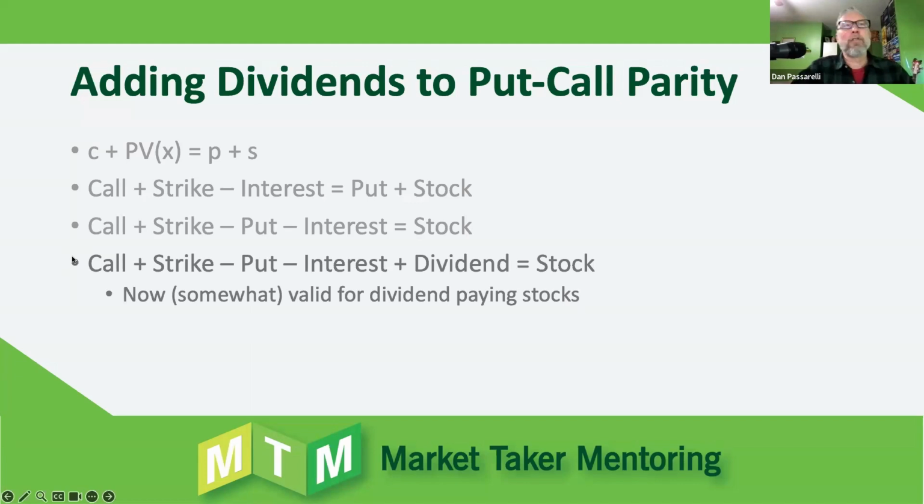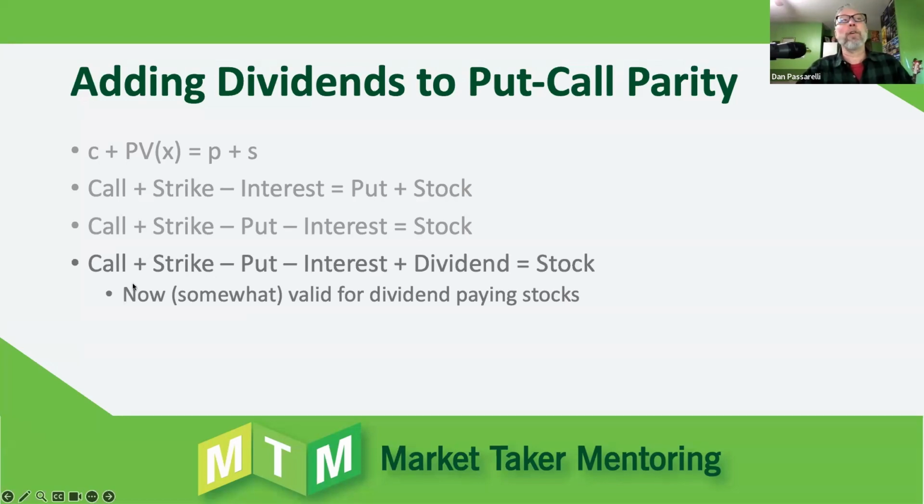So we get how interest factors in there. But what about dividends? Well, if I own stock, I collect a dividend. But if I own a call, I don't. If I'm short a put, I don't. So just like interest is an advantage to owning the call and shorting the put, so you have to add it in to make up for the fact that the money's sitting in the bank and we're getting interest.